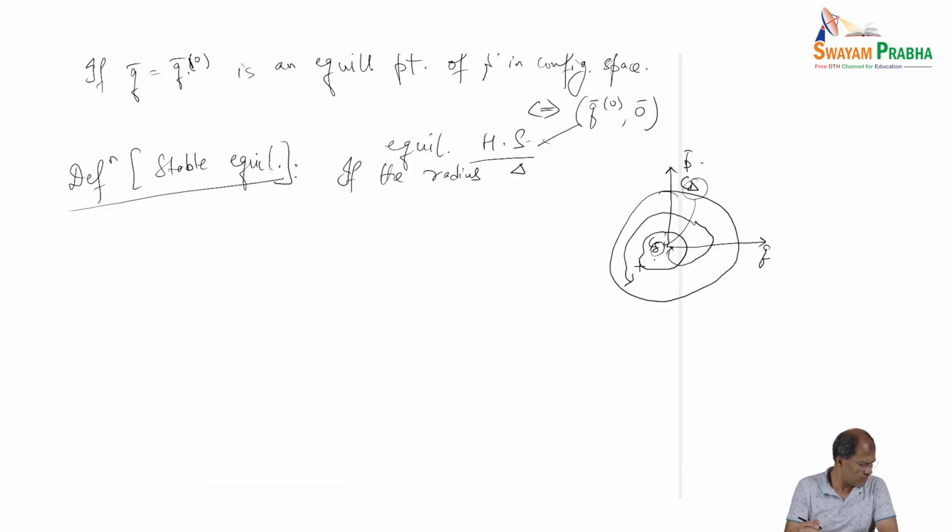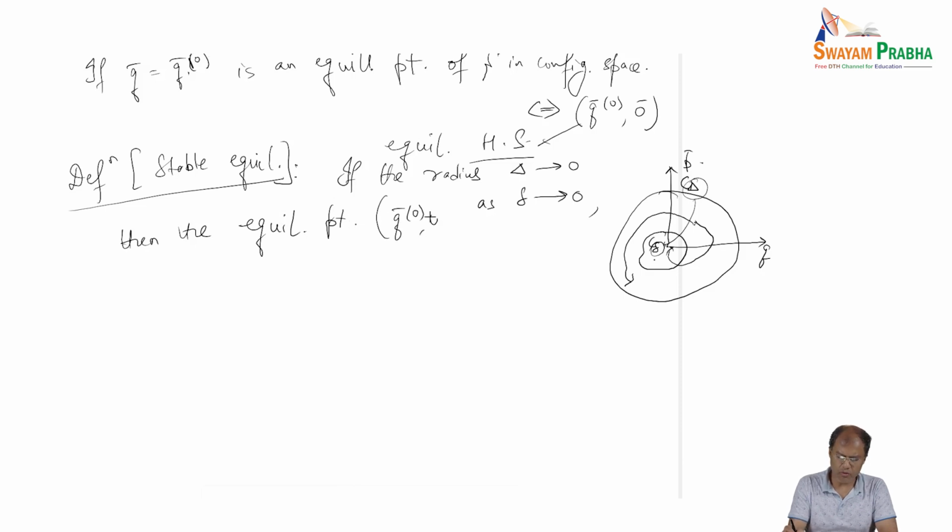So suppose the radius capital delta goes to 0 as small delta goes to 0, then the equilibrium point q0, 0 is said to be stable.